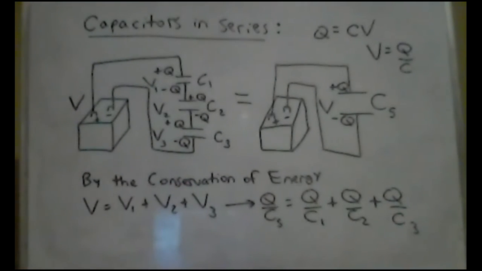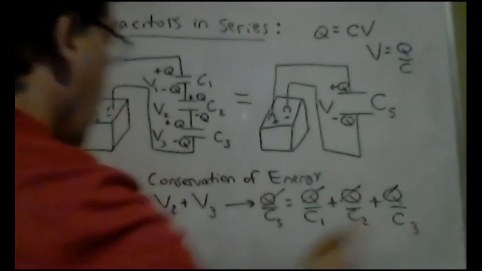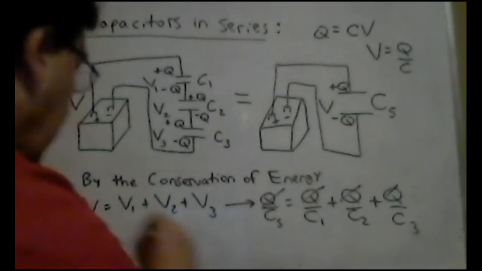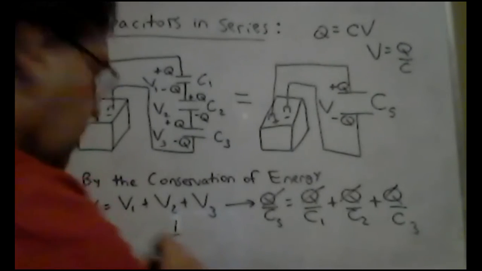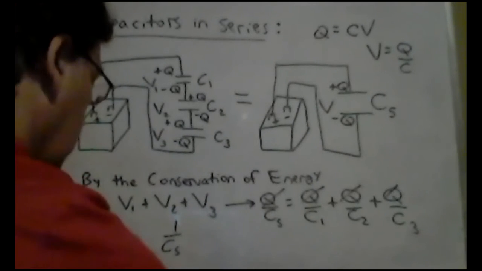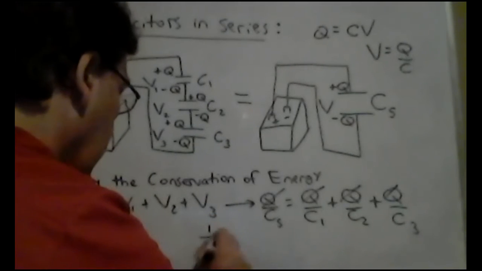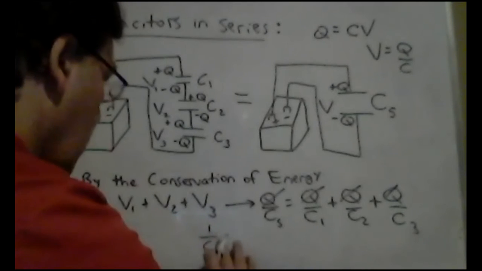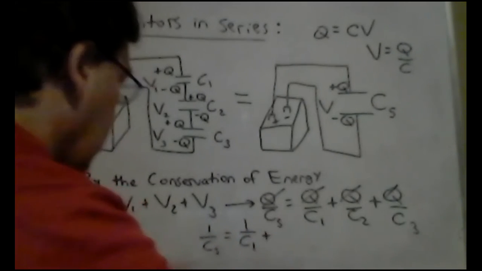These Q's cancel out. And so we see how I would add capacitors in series: 1 over C series is equal to 1 over C1 plus, and so on.